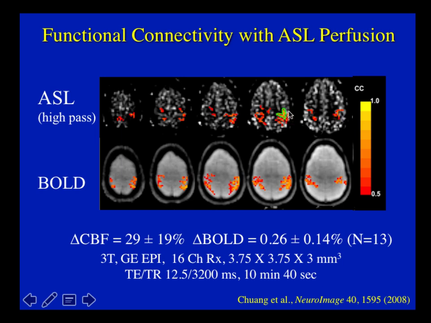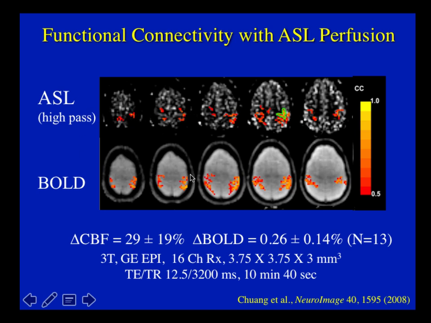Here what we have done is to take a seed-based region and correlate the ASL signal across all the other slices. We could see the correlations across the contralateral hemisphere across the slices, representing the functional connectivity in the motor area.